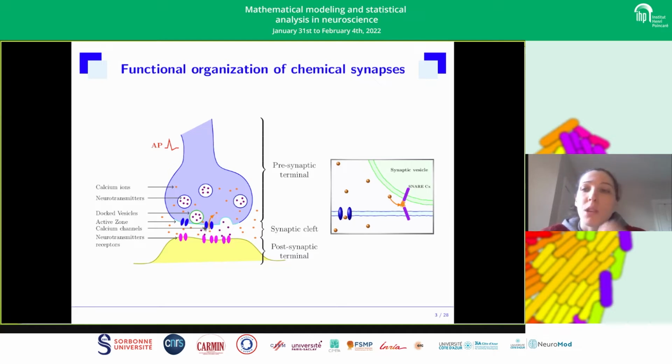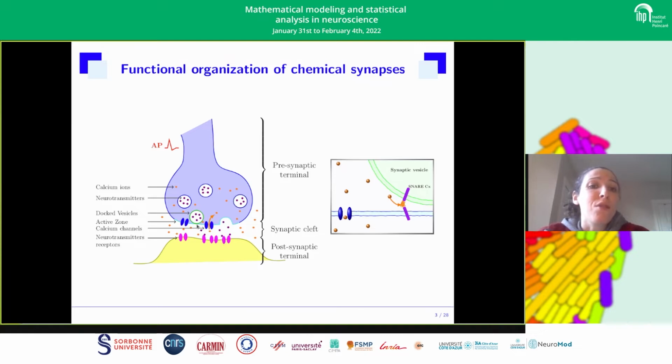Those calcium channels would be closed, except if you have a shift in the voltage. When the action potential arrives, you see a shift in the voltage in the membrane, and this creates the opening of those voltage-gated calcium channels and the entry of calcium ions. Those ions would probably diffuse within this terminal.